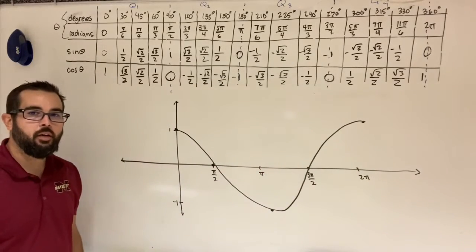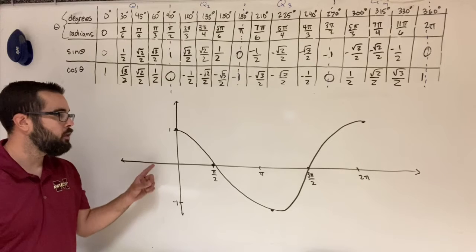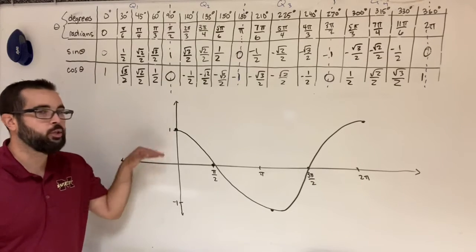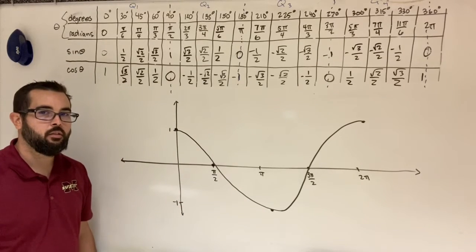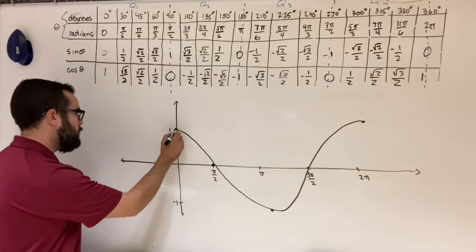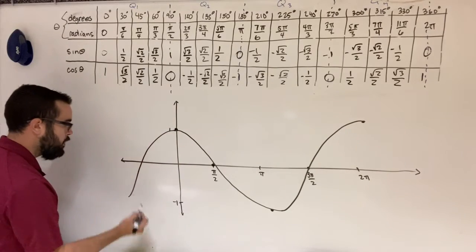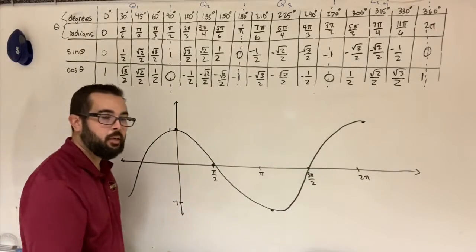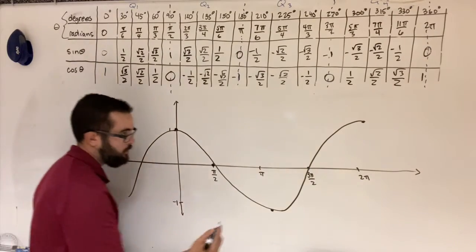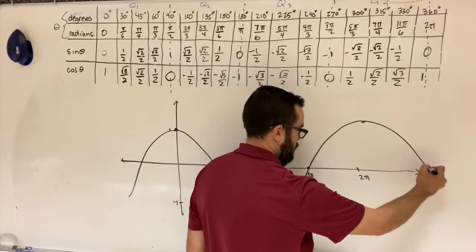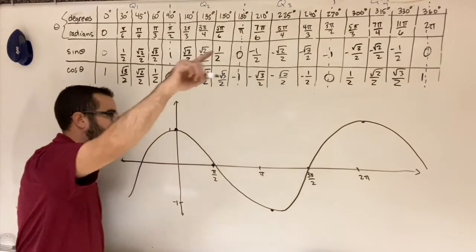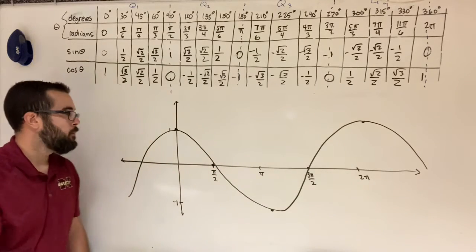And there's the cosine wave over one period, or one trip around the circle. All right, and again, just like we talked about with the sine wave, this graph continues forever this way, and does the same pattern that way, and continues on forever and ever.